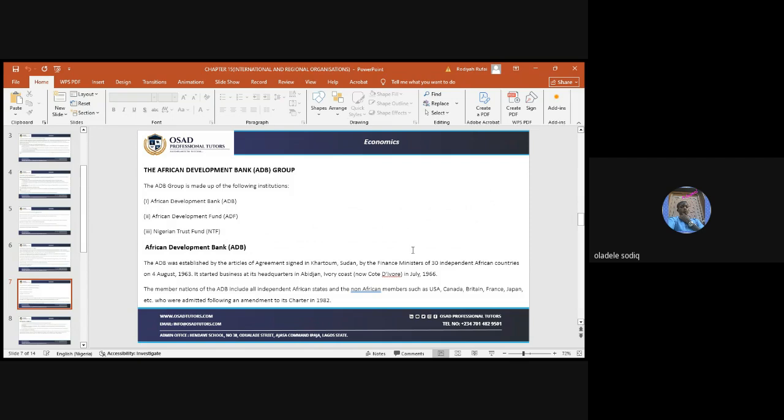It was signed by the finance ministers of 30 independent African countries on the 4th of August, 1963. The headquarters of the African Development Bank is in Abidjan. Abidjan means Ivory Coast, or Côte d'Ivoire. So the headquarters is in Abidjan, and it was established in July 1966. Please take note of that.